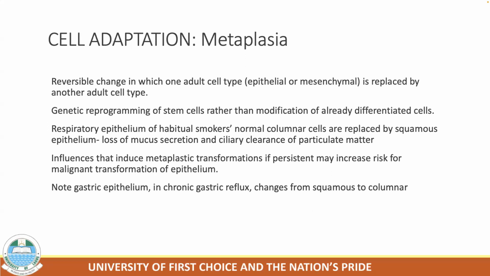So the layer of ciliated columnar cells in the throat begins to change, transmutate to this same type of adult squamous epithelium, right? But when that change happens, it loses the ability to secrete mucus and also loses the cilia that helps clear particulate matter in the throat.